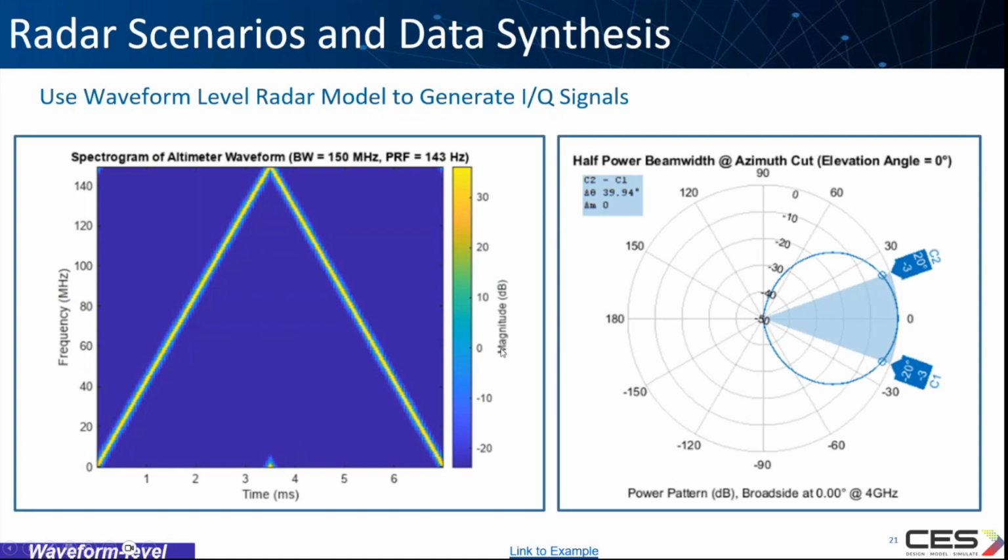Speaking a bit more about the waveform, here we are using a triangular chirp or triangular waveform with an up sweep and down sweep that will help us with better reading or measuring the altitude. The antenna has a directional beam, and that's what we actually need for this application.